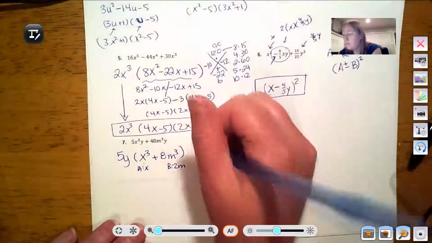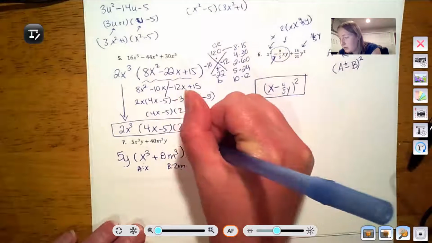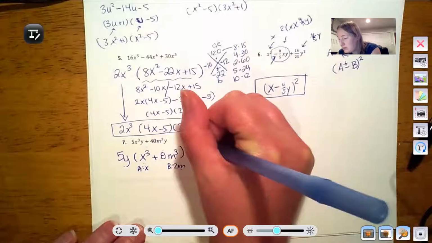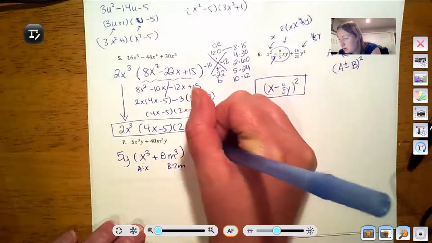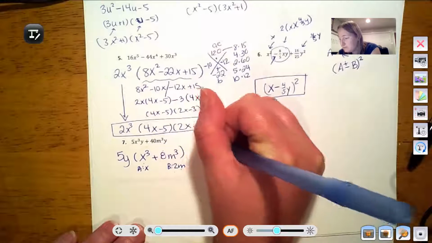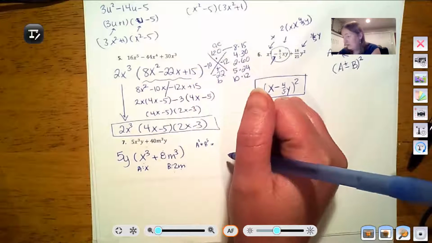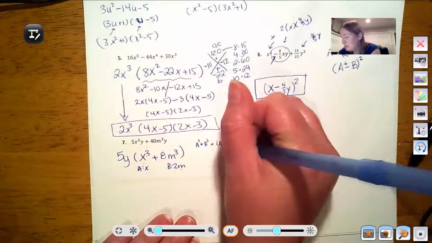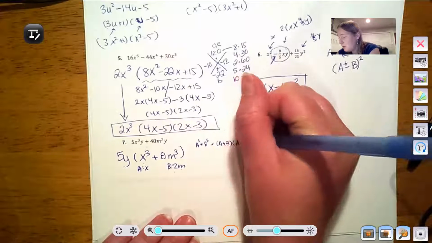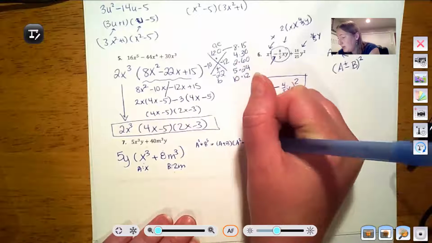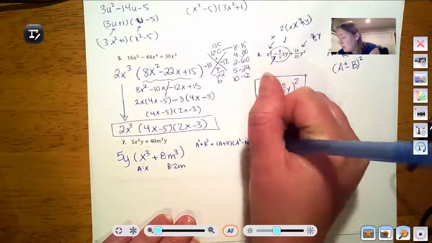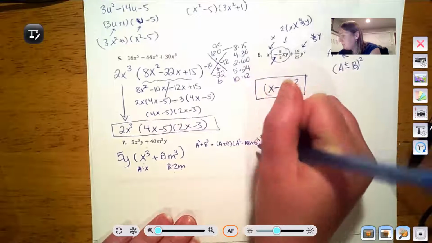So I can apply the rule, which I'll put over here. If it's a cubed plus b cubed, a sum of cubes, the rule for that is a plus b times a squared minus ab plus b squared.